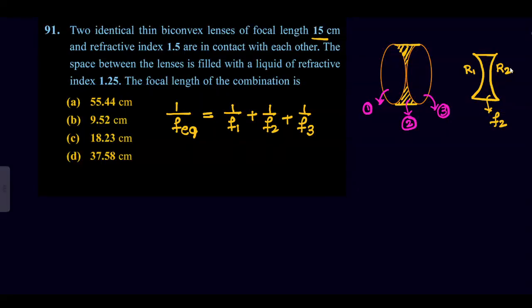We don't have the radius values, but we know the focal length of the first lens. 1 by f1 is equal to mu minus 1, with refractive index of lens 1.5, so 1.5 minus 1, into 1 by R1, which is positive, minus 1 by R2.